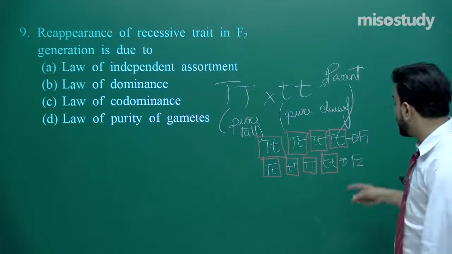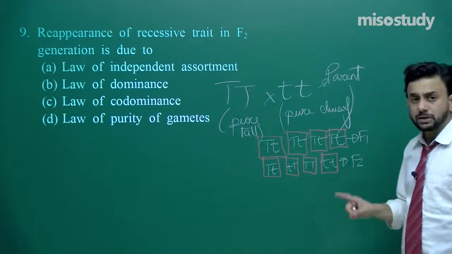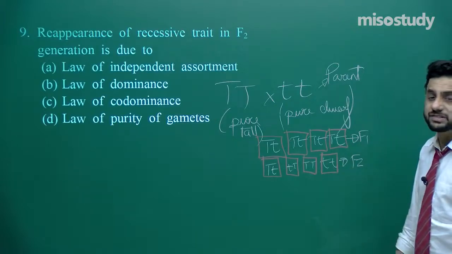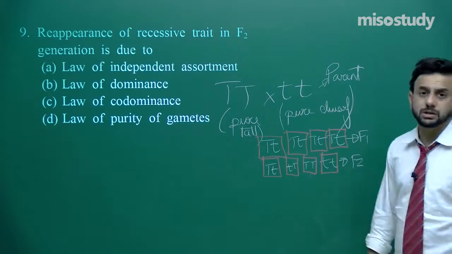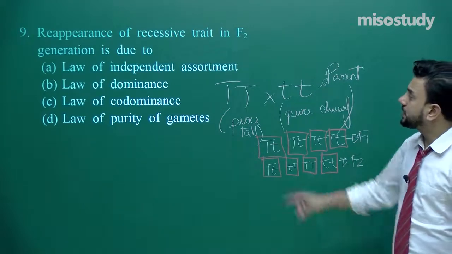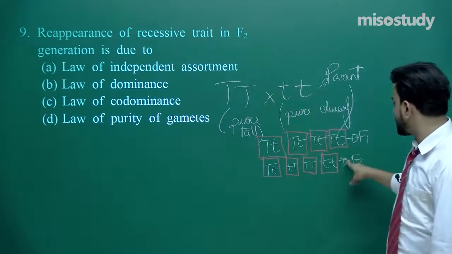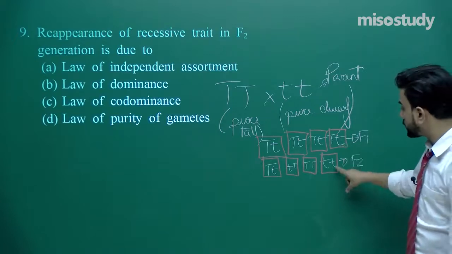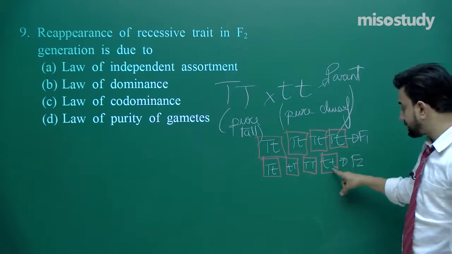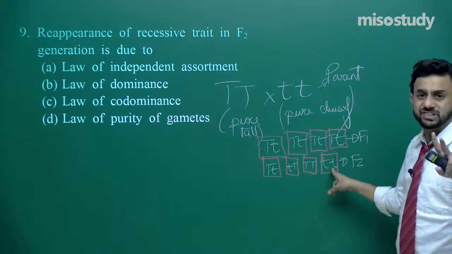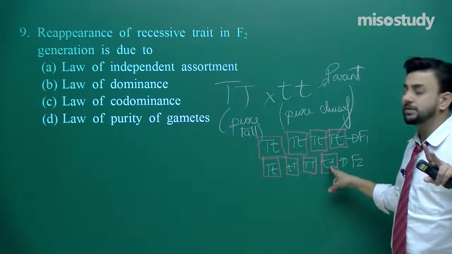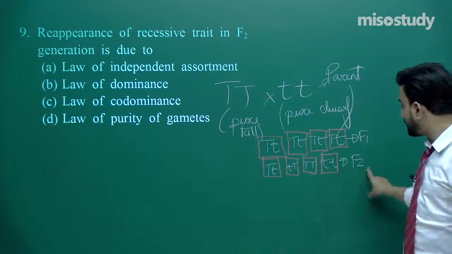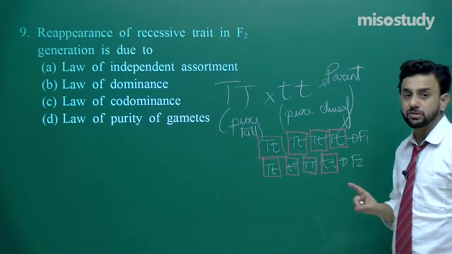However, in the F2 generation, we see that there is one small tt, and hence one dwarf plant. So, reappearance of the recessive trait in the F2 generation. Why is it a recessive trait? Because it expresses only in the presence of two recessive alleles, so it has become dwarf. It has come back in the F2 generation; in the F1 generation, it was not there.